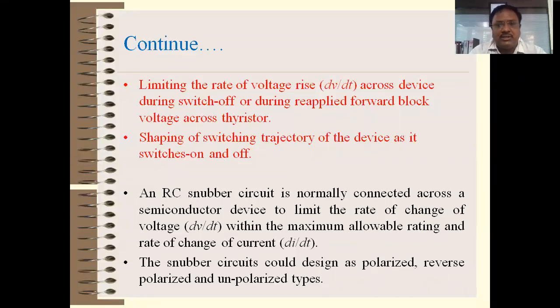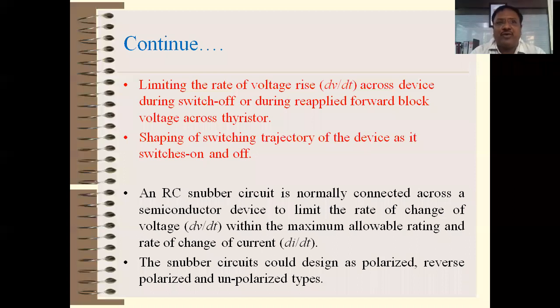So a snubber circuit is normally connected across the semiconductor devices to limit the rate of change of voltage within the maximum allowable rating. This is important because we select the components in such a way that the voltage transients or current transients allowed to pass to the device can be limited, so that we allow the spikes only within the limit.